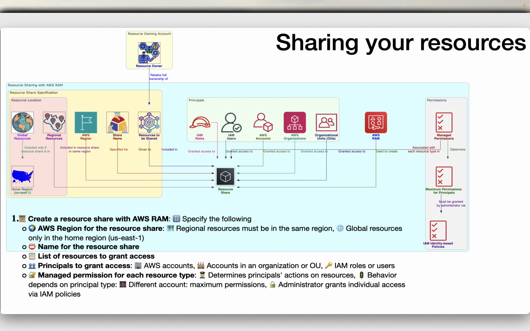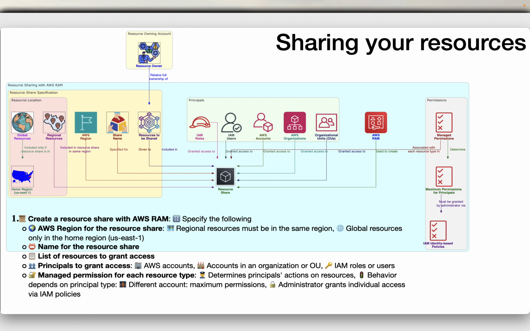A resource share can contain only regional resources that are in the same AWS region as the resource share. A resource share can contain global resources if the resource share is in the designated home region for global resources. For example, US East North Virginia, the us-east-1 region. Then you provide a name for the resource share and the list of resources that you want to grant access to as part of this resource share.